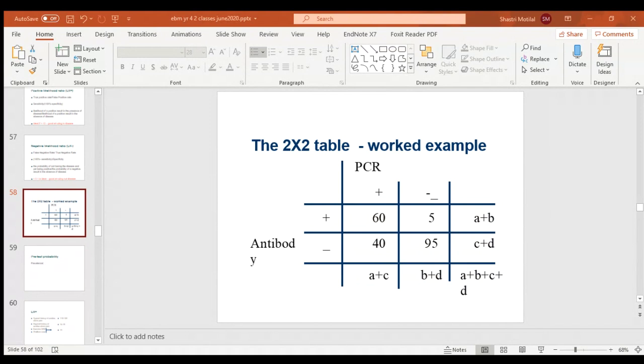I see someone said they got a negative likelihood ratio of 99.4. That's Annalise. Most likely, Annalise, the reason that happens is that when people do the calculations, they mix up percentage signs with fractions. In this case, the negative likelihood ratio should be the false negative rate, which should be 0.4, divided by the true negative rate, which is 0.95.